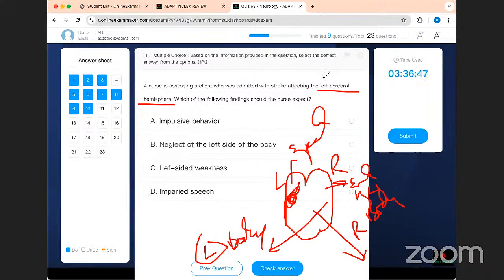Therefore, I have a left-sided cerebral stroke, I'm not going to be impulsive. I have left-sided, my right side of my body will be affected. I'm not going to have left-sided weakness either. Speech impairment, that's where speech is located.